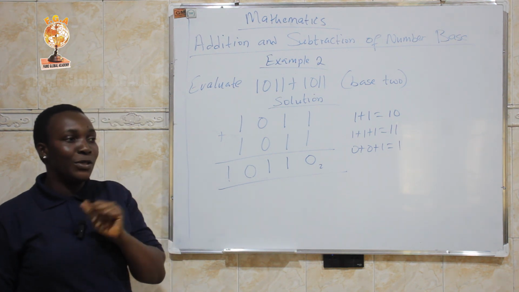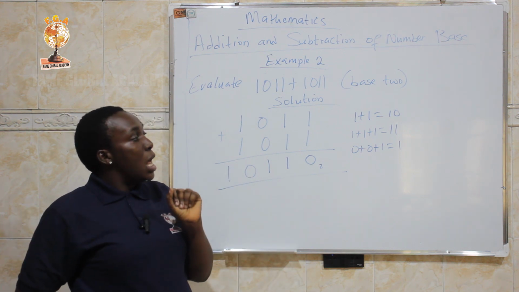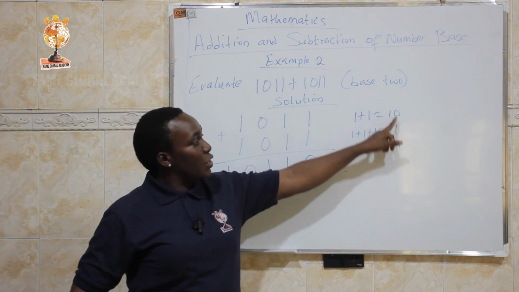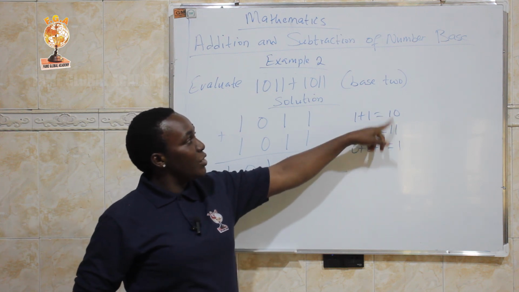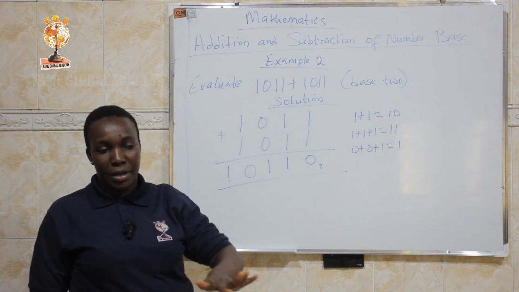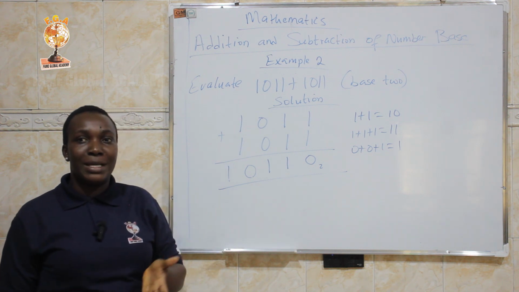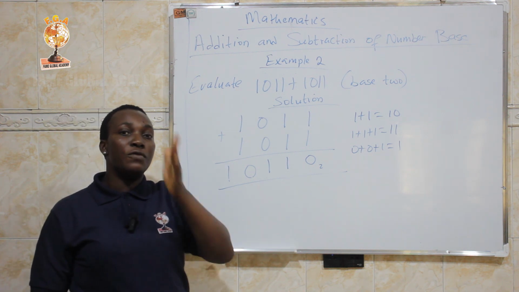So that is that for this question. Now, I know some students will be kind of, how is it like that? Now, if you check the numbers we are seeing here, there is no number that is up to 2. All of them, when it comes to binary, the definition of binary number is numbers that comprise of 0 and 1.